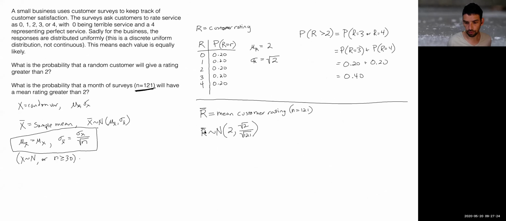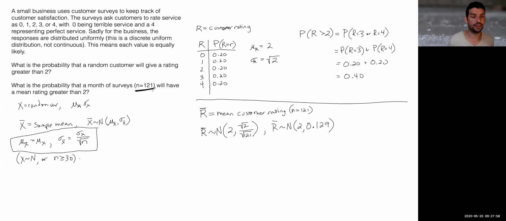Okay, so let's write this now with that in mind. So r bar follows a normal distribution with a mean of 2 and a standard deviation of 0.129. Okay, so we've taken this discrete uniform distribution and created a variable now that has a normal, continuous distribution.